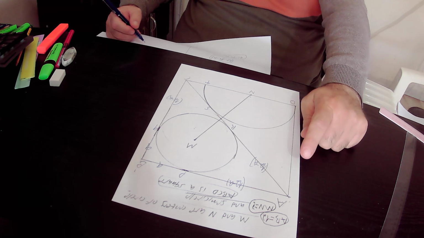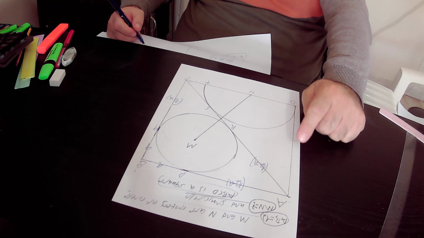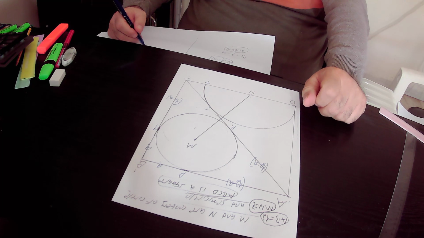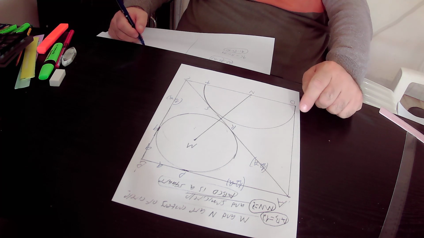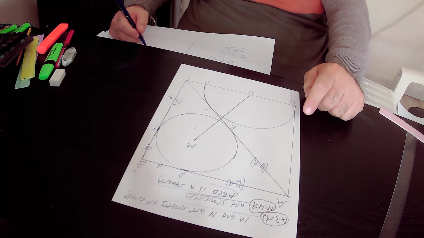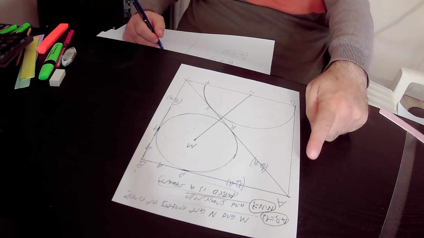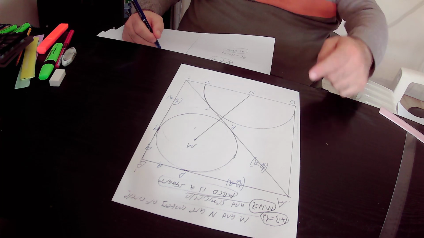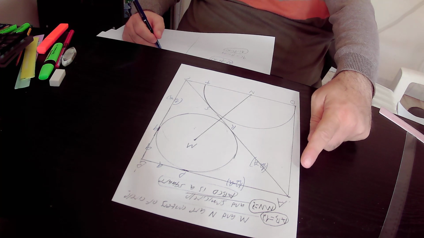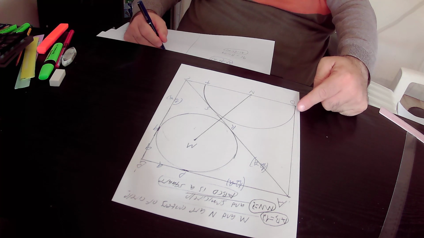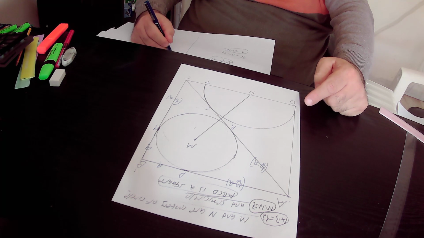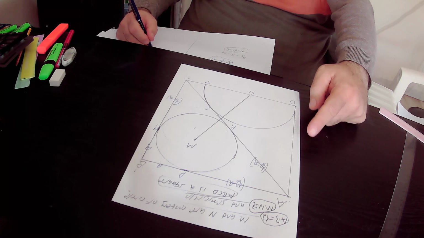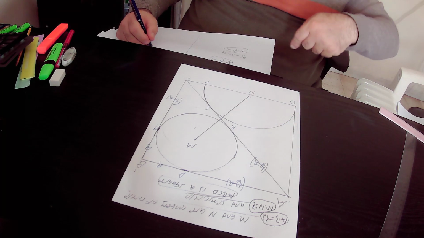Point A is an external point in relation to the semicircle. From point A, we have two tangents to the semicircle. The first tangent is tangent AS, and the second tangent from point A to the semicircle is AD. According to rule number 1, AS must be equal to AD.